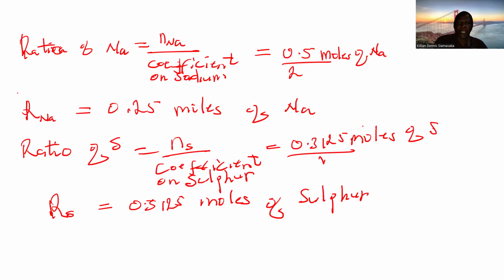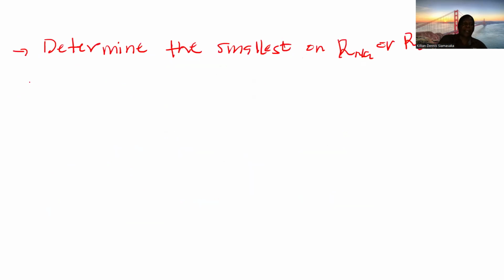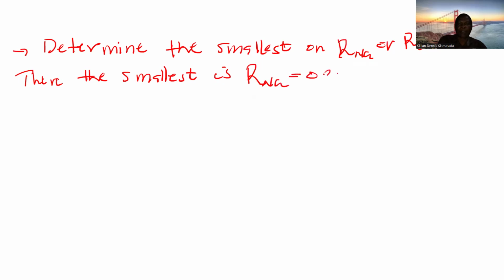If you check here, the one which is the smallest, this is 3.125, so the smallest is this one here, 0.25. Therefore, the smallest is for R for sodium, which is 0.25.